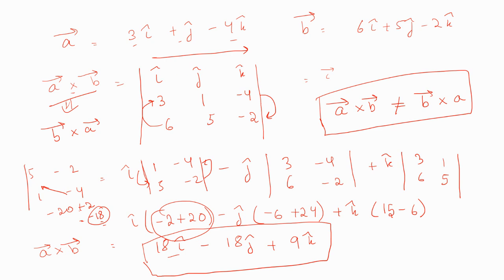Write i cap, j cap, k cap, write the components of the first vector in the second row, and the components of the second vector in the third row. And that is it, that is your answer. The problem that happens here is not in making the determinant, but actually in the calculation, the minus and plus signs. So please take care of that.